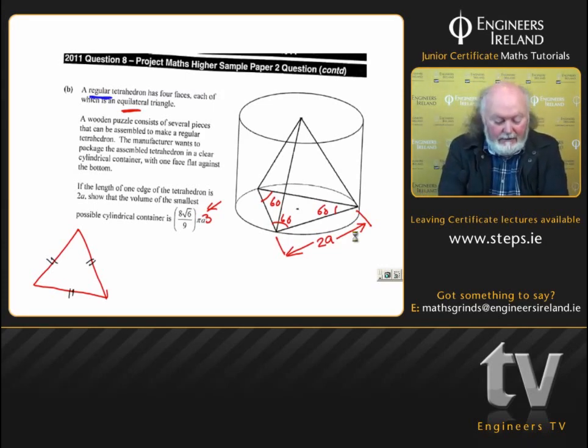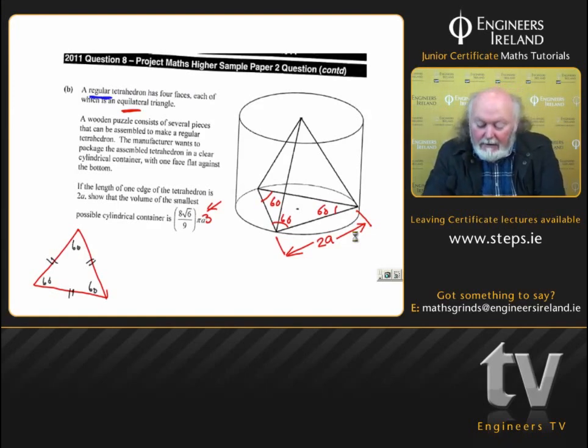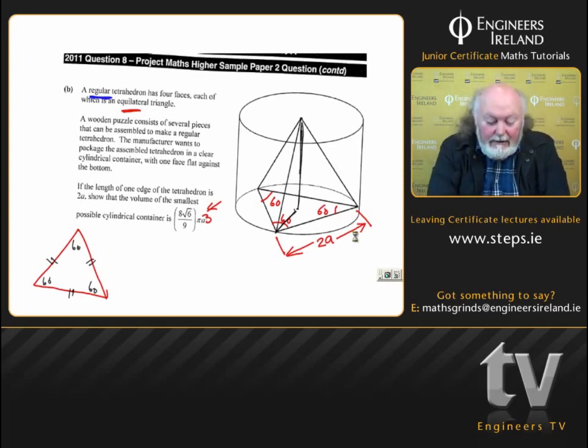And we have that 60, 60, 60. That helps us find something out. We're looking for that height, for example. What's the height of our little tetrahedron? And this will be a vertical.